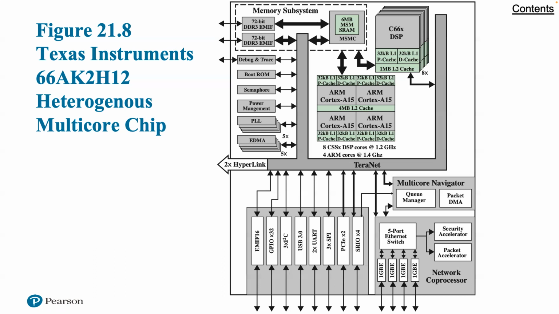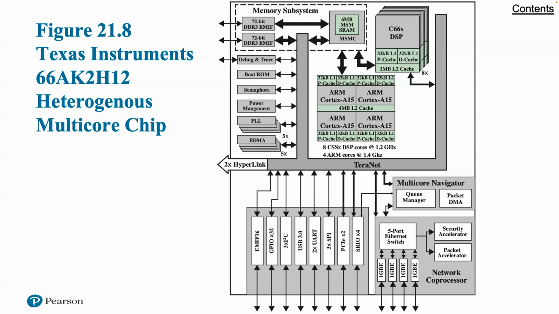Target applications for these systems include industrial automation, video surveillance, high-end inspection systems, industrial printers/scanners, and currency/counterfeit detection. The TI system includes 4 ARM Cortex-A15 cores and 8 TI C66x DSP cores.